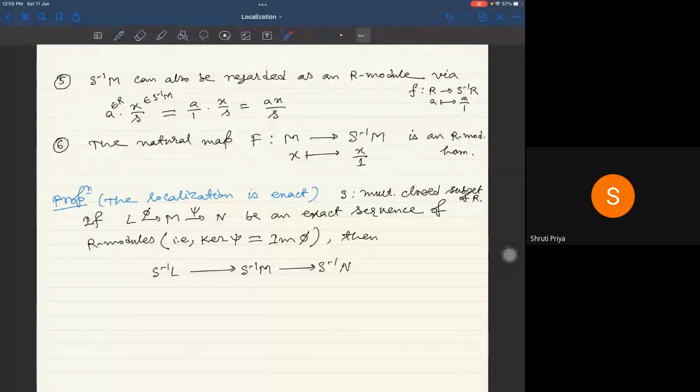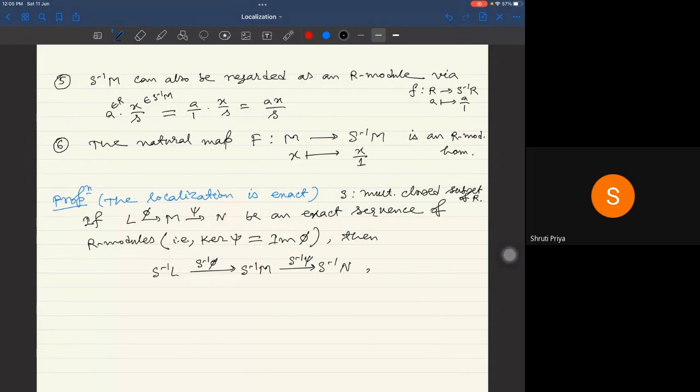For phi and psi, let me denote them by S inverse phi and S inverse psi, where S inverse phi is the map from S inverse L to S inverse M.